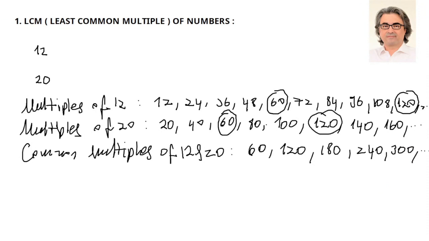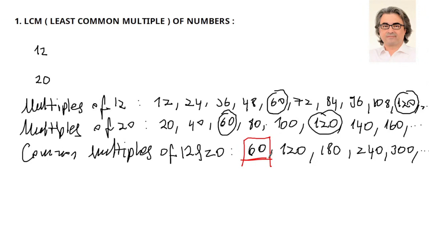Now here, the smallest one is the most important one. If you find the smallest common multiple of two numbers or more than two numbers, then you will get the other common multiples by multiplying with consecutive positive integers starting from 1 and going to infinity.